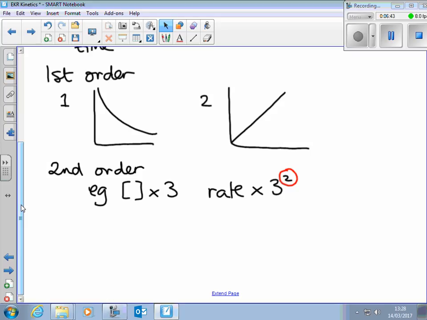Now, we've got slightly different looking graphs here. The first one, concentration against time. This time, it gives us a slightly steeper curve. That's the important thing. But of course, if you're just drawing one curve, you're not going to see that, because you haven't got another one to compare it with. So that in itself can actually be not very useful.